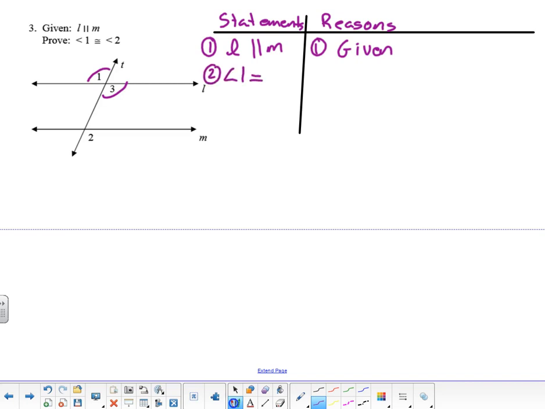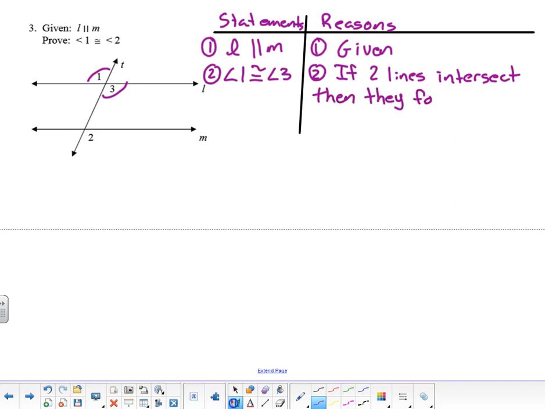So angle 1 is congruent to angle 3 because if 2 lines intersect, then they form congruent vertical angles. My board is going nuts.